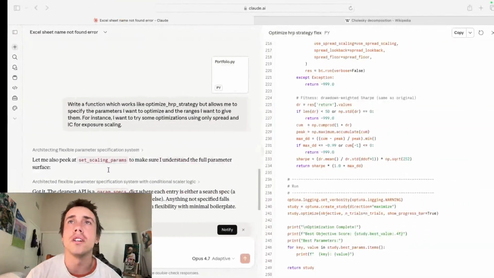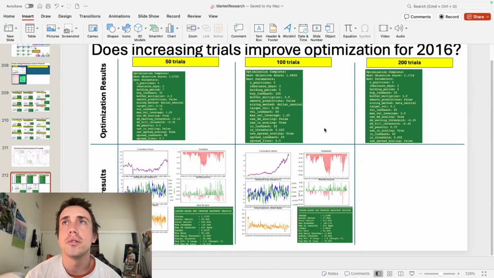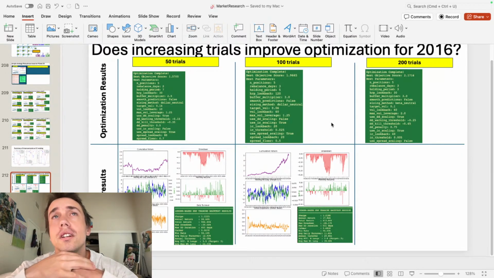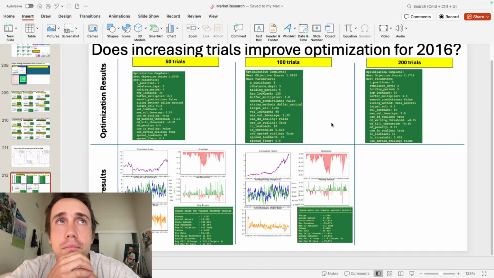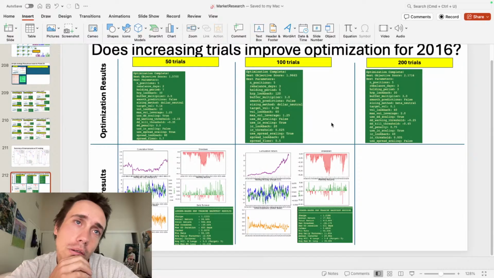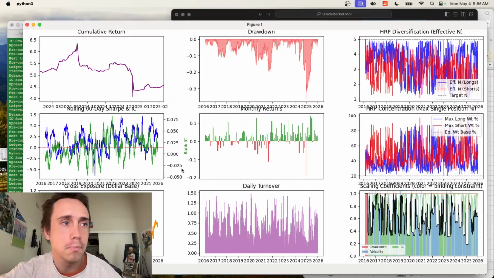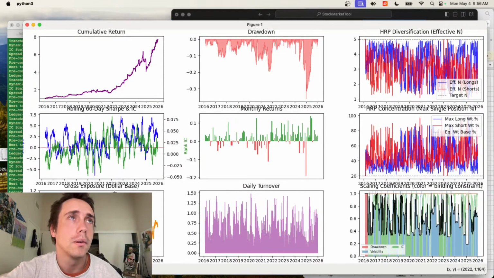So this is at 1.79. Each one improved the objective from 1.57 to 1.96 to 2.17. So 0.4, then 0.2. I mean, it looks good when I zoom out.